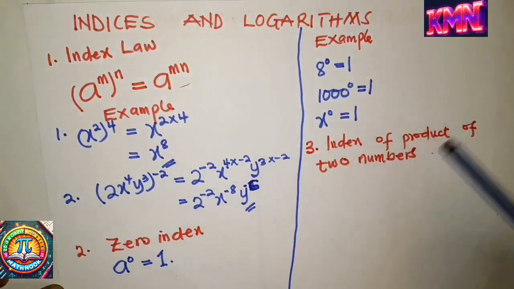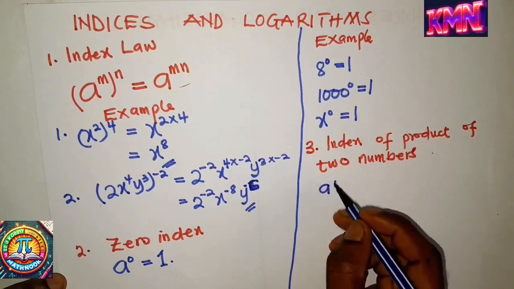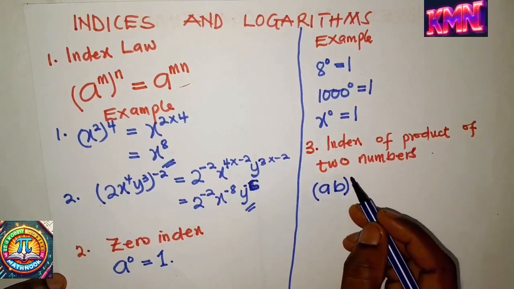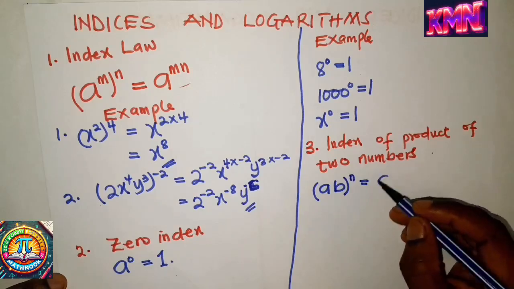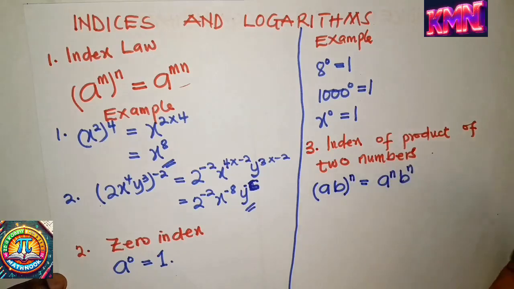Number 3: index of a product of two numbers. This property states that if you have a product of two numbers, let's say ab, to the exponent n, then this can be expanded as a to the exponent n, b to the exponent n.